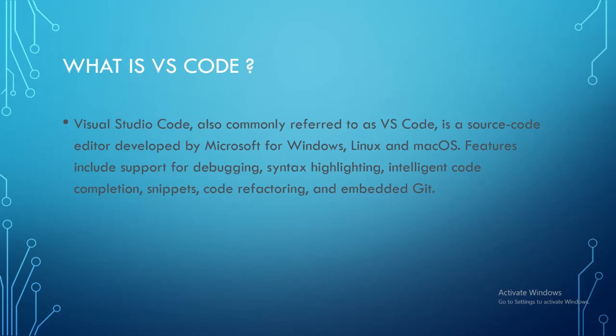So VS Code means Visual Studio Code. It is developed by Microsoft for Windows, Linux and Mac OS. It has many features like debugging, syntax highlighting, intelligent code completion, code refactoring, snippets and embedded Git. Let's go to the next slide.